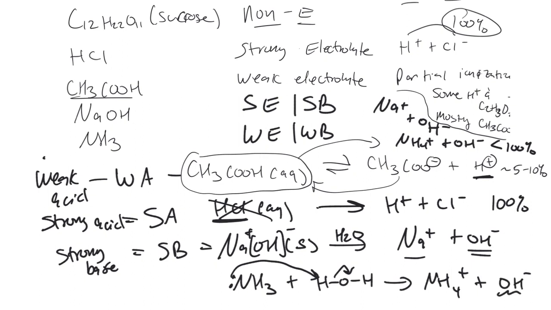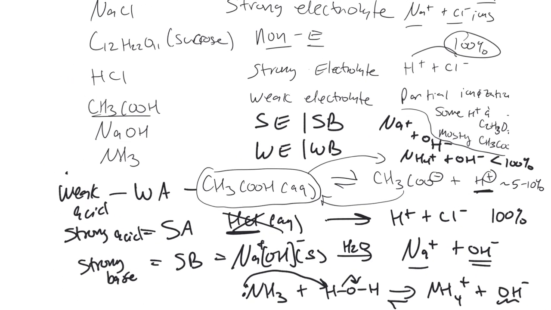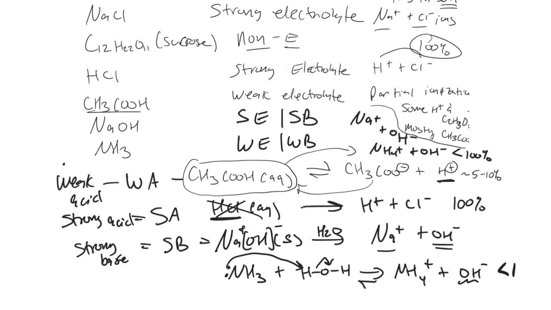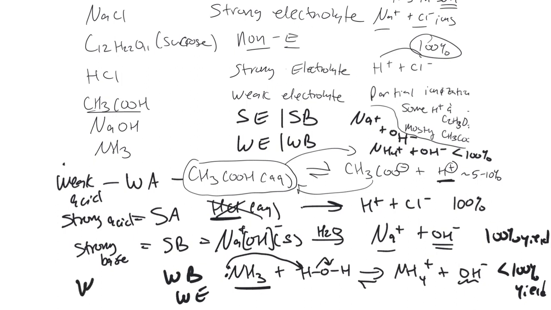But it's doing this in one of those equilibrium reactions where we get less than 100% yield. Think of the ionization reactions of ICs like sodium hydroxide being a strong electrolyte as meaning 100% yield on that ionization step. But NH3 does this partially. We call it a weak base. It's a weak electrolyte, so it's a weak base.